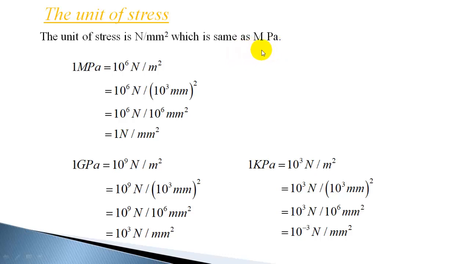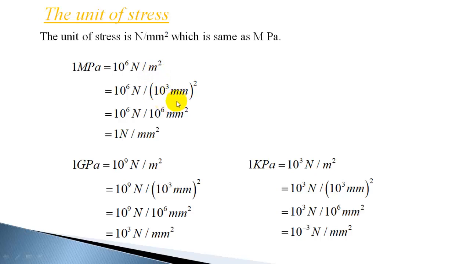So let us show how you can convert 1 megapascal and show that it is equal to Newton per mm square. 1 megapascal: mega is 10 raised to 6 and Pascal is Newton per meter square. So 10 raised to 6 Newton per meter square, and every meter is 10 raised to 3 mm.